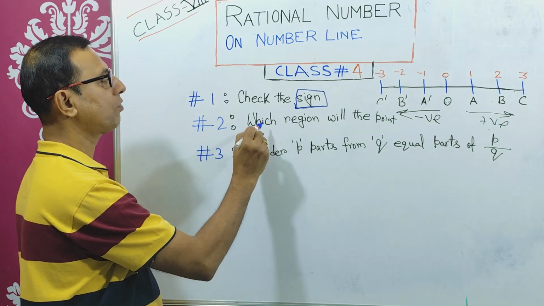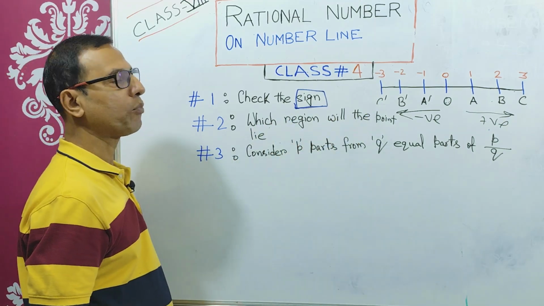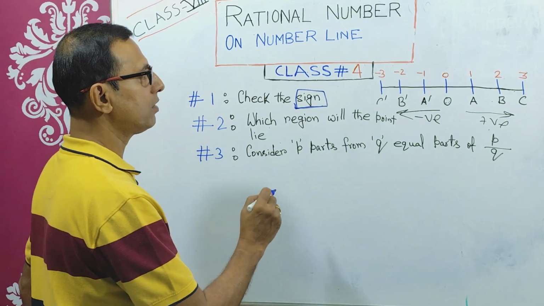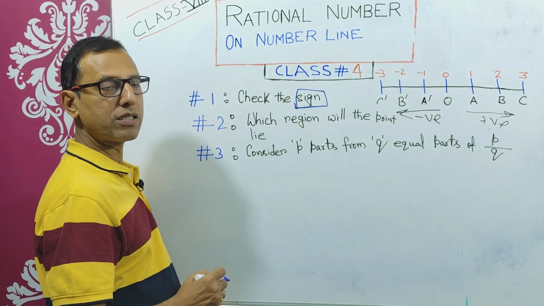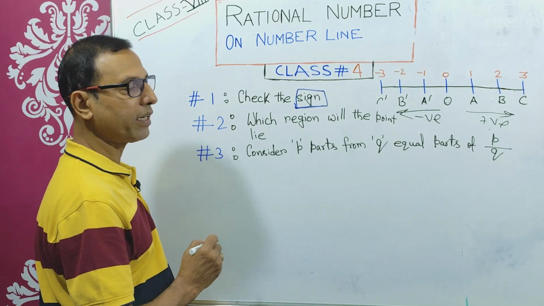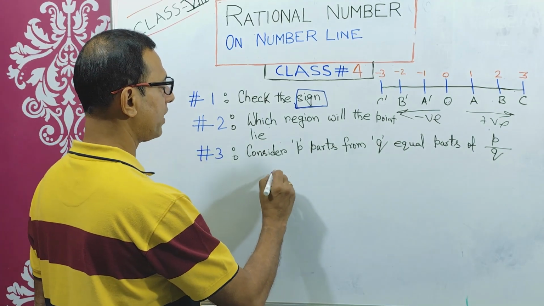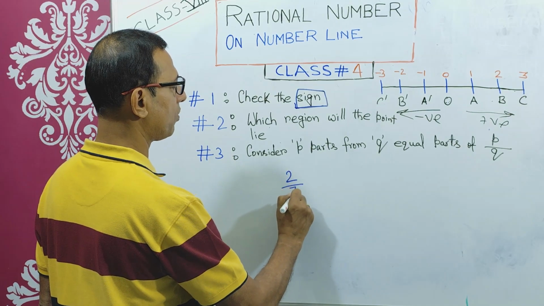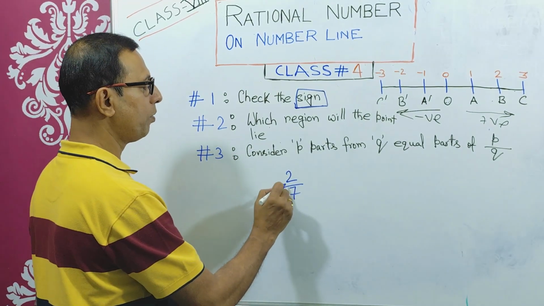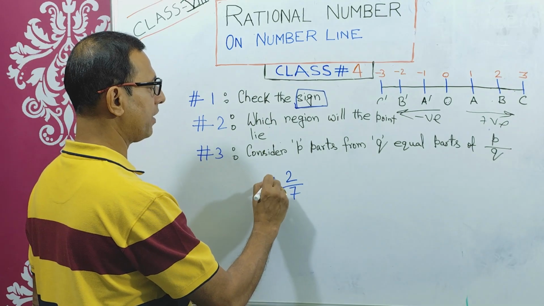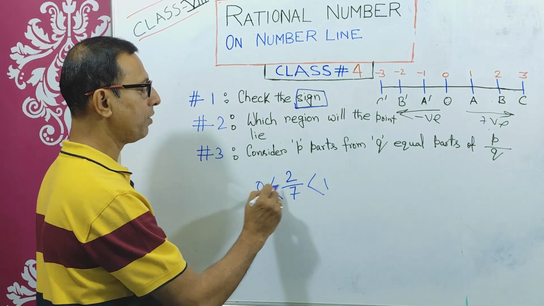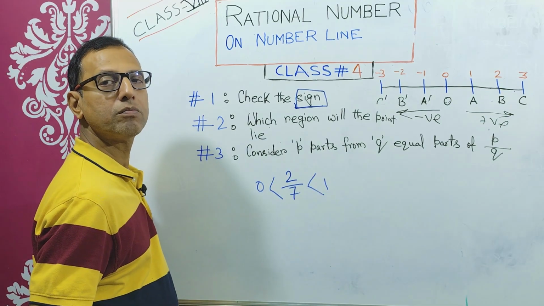Second, you need to find out which region the point will lie in, that means in between which 2 points. Let's say if I ask you to plot 2 by 7 on the number line, 2 by 7 is greater than 0 but less than 1. That means it will lie between 0 and 1.